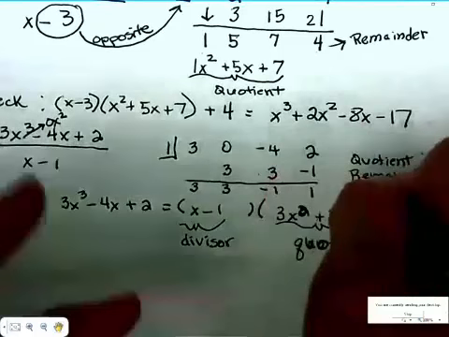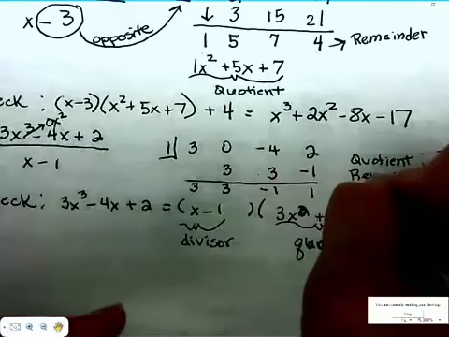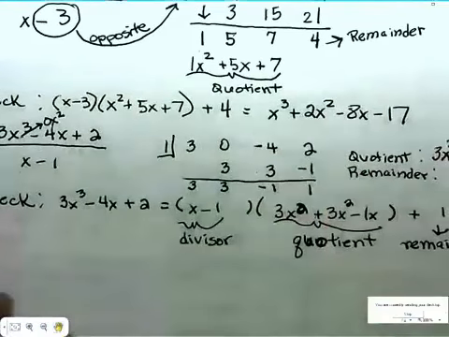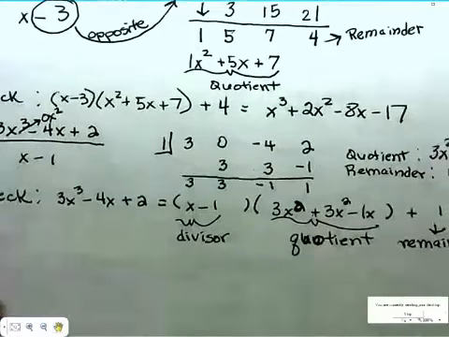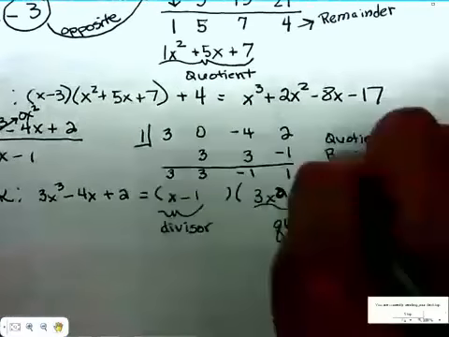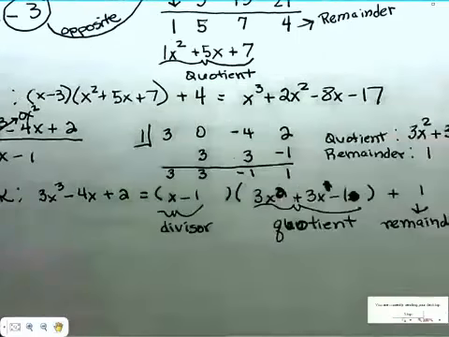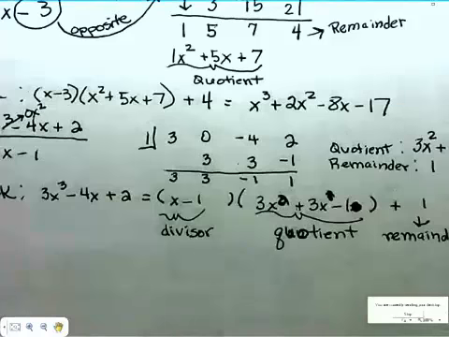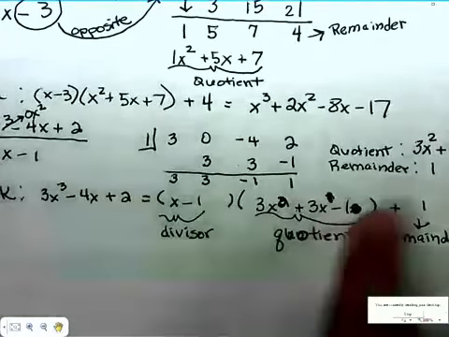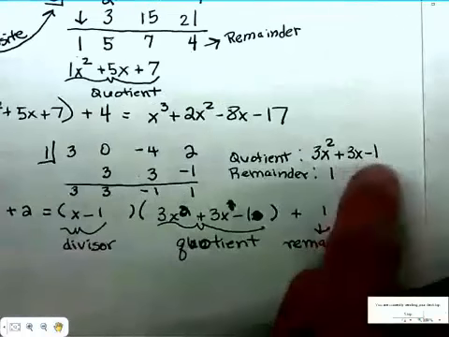Did I say x squared and write cubed earlier? I bet I did. I think I've said it right. I think every mistake I've made today, I've said. Yeah. Wonder what kind of dyslexia that is. I think I'm having mini strokes. Yeah, 3x squared plus 3x minus 1 plus the remainder. See, I even have it written right here.